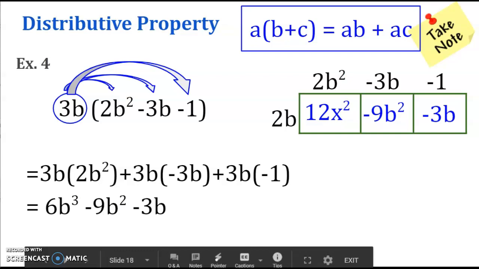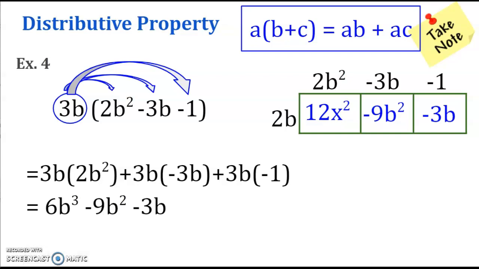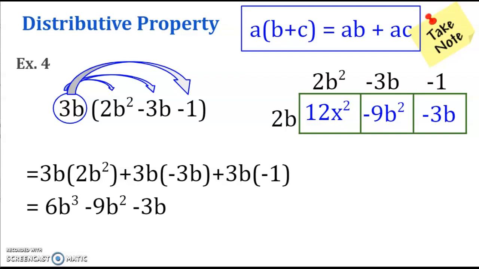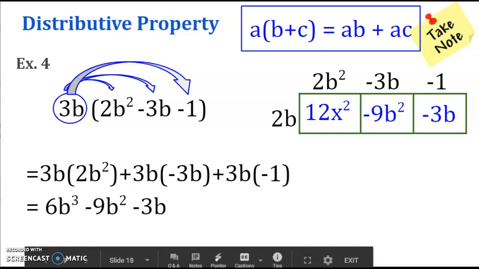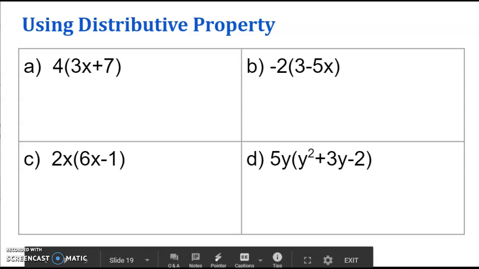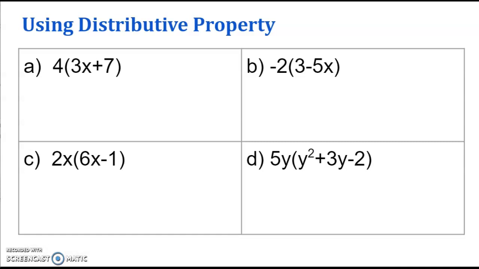And when you simplify it, 3b times 2b squared, 3 times 2 is 6, and b times b squared is b cubed, and then 3 times negative 3 is negative 9, and b times b is b squared, and then finally 3b times negative 1 is negative 3b, and that's what you should have, and that's the area model.